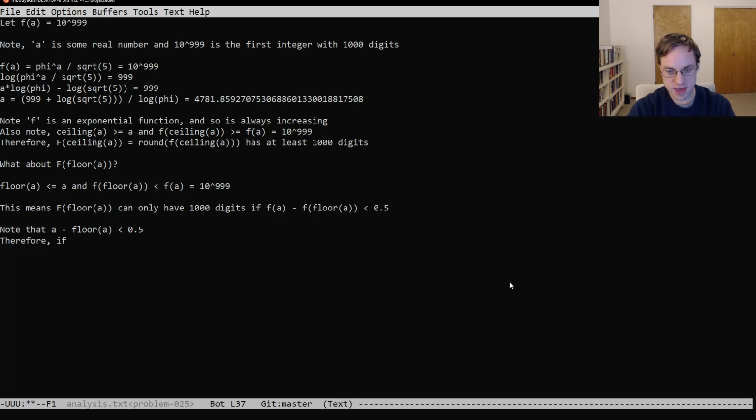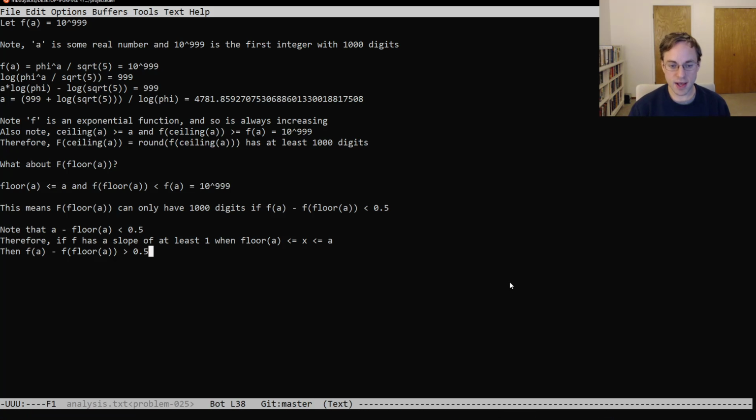Therefore, if f has a slope of at least 1 when floor of A is less than or equal to x is less than or equal to A, then f of A minus f of floor of A must be greater than 0.5.